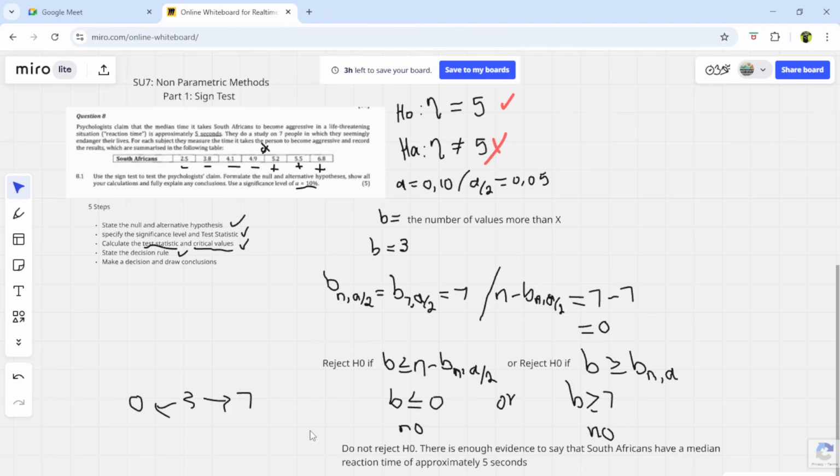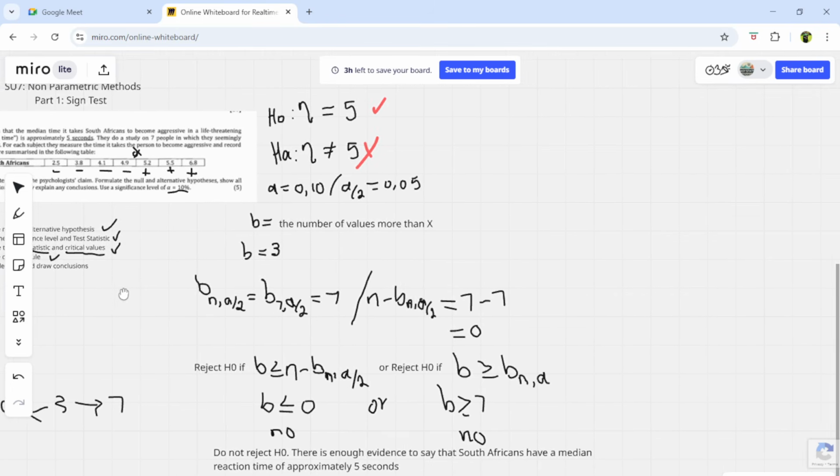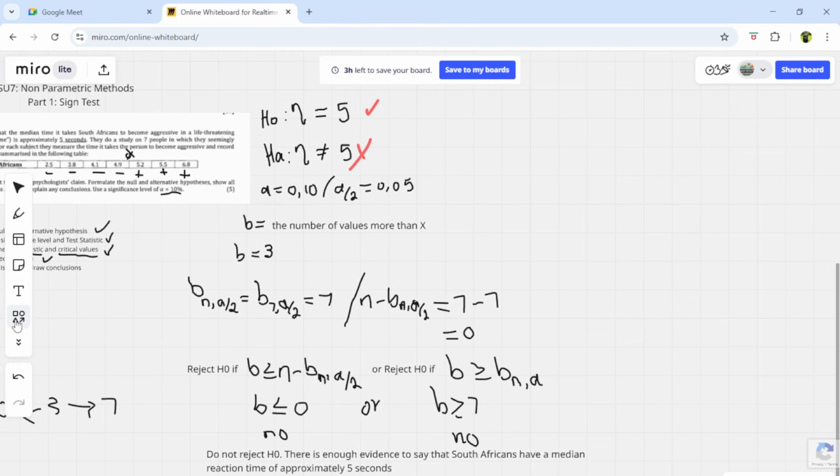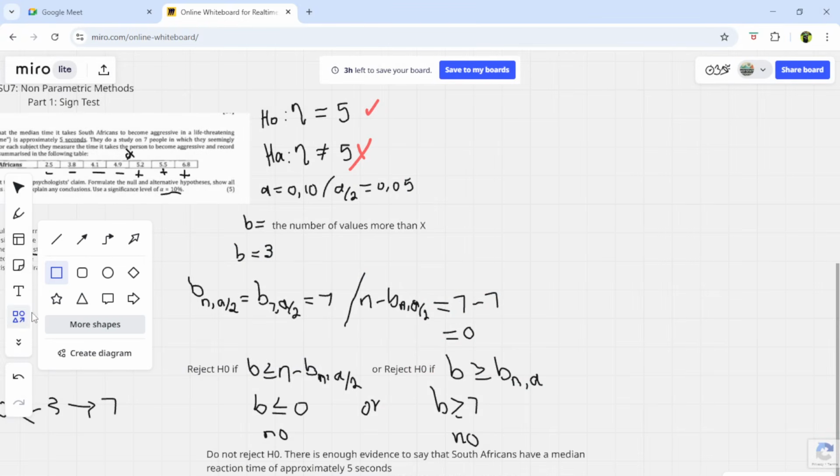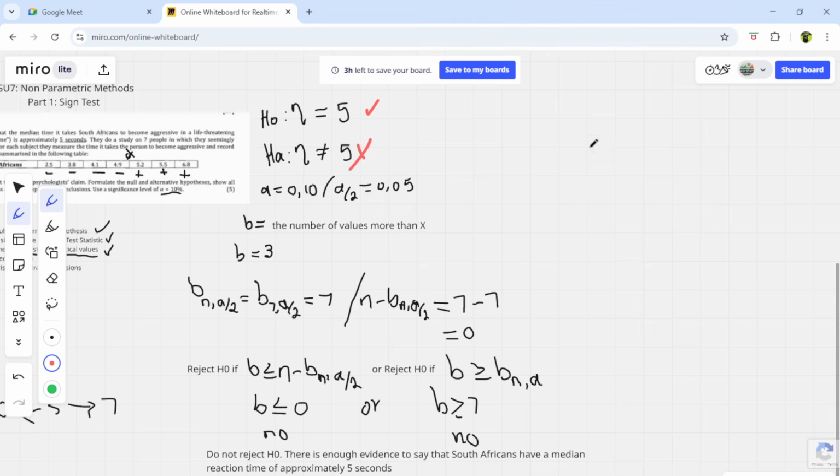Now, an easier way to make the conclusions: let me move this over here and draw a table for you guys so that you can get it more easily. I'm going to use the black one.